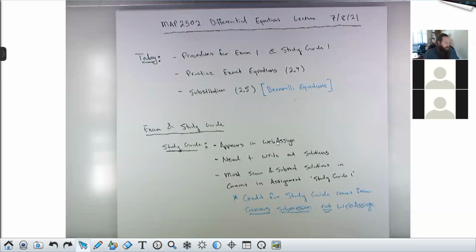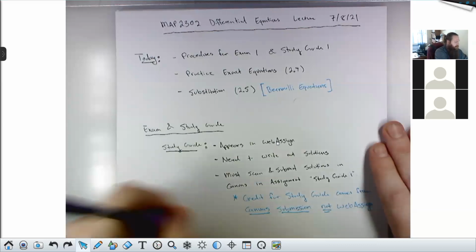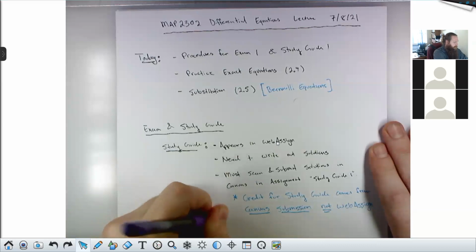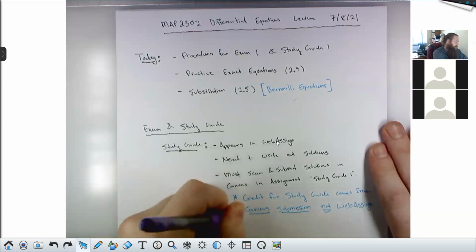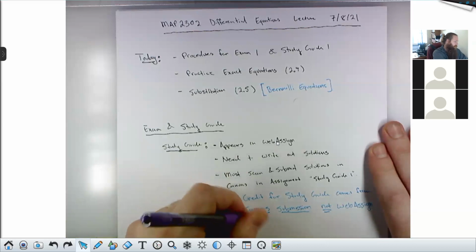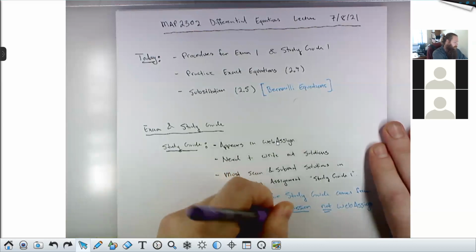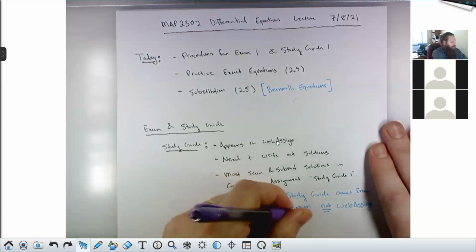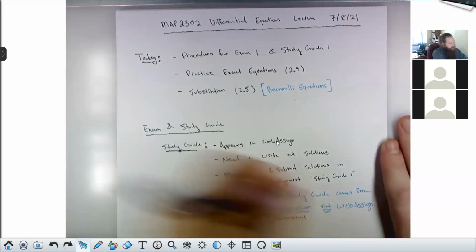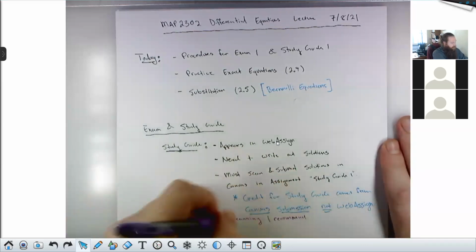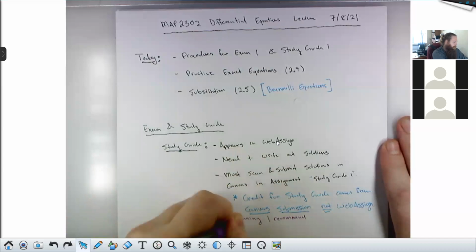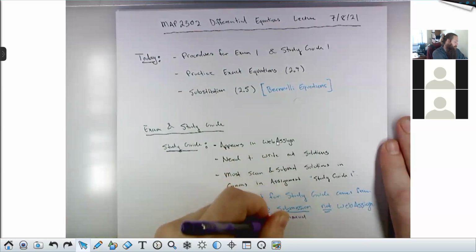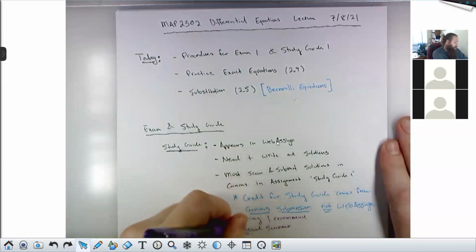Another little note here, the app I recommend for scanning, of course, if you have a physical scanner, that's great.